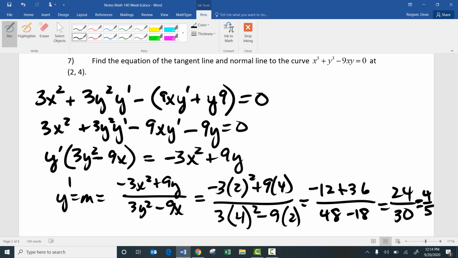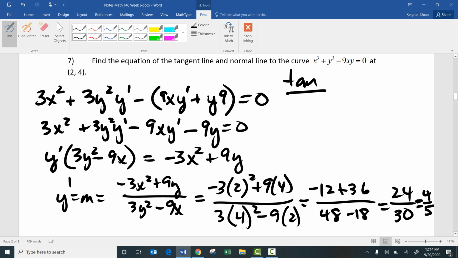Okay, so now since our slope is 4/5, we'll do the tangent line first. The tangent line is going to have the same slope that we found there. And then the normal line, which is different, is going to have a perpendicular slope. The normal line is kind of something different, and it doesn't really show you a whole lot. It's just a different type of problem. So the tangent line is the first one we're going to do.